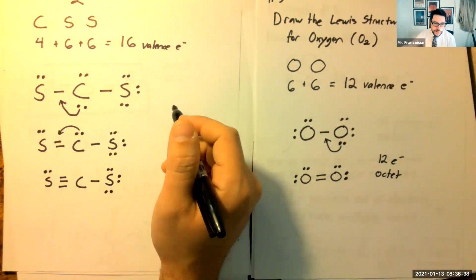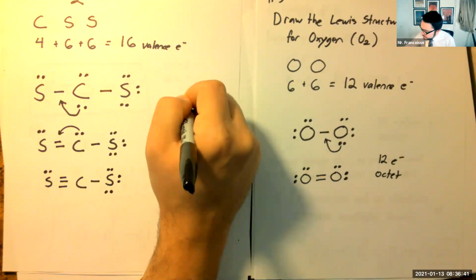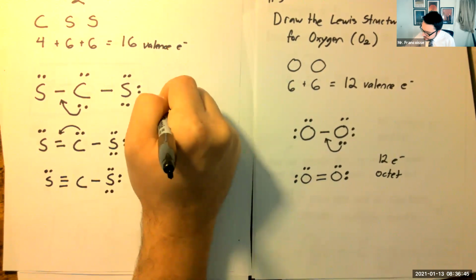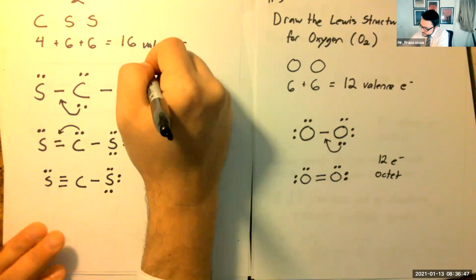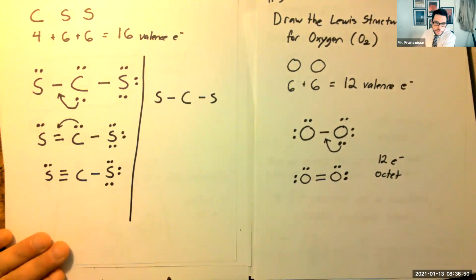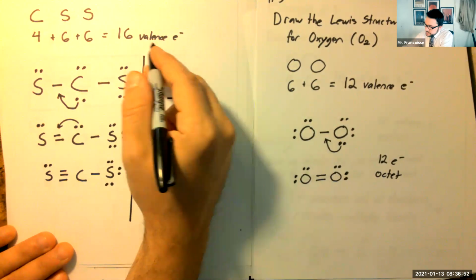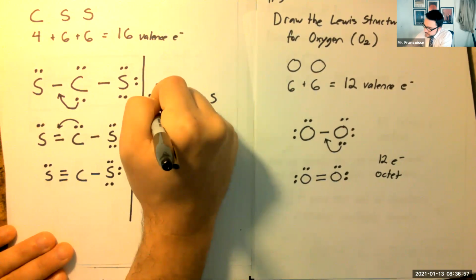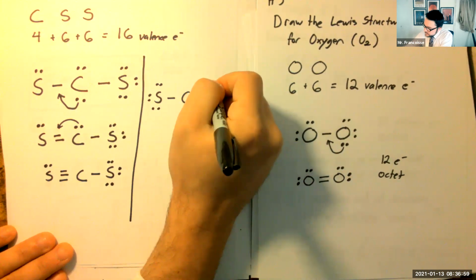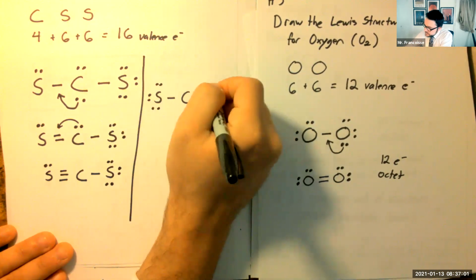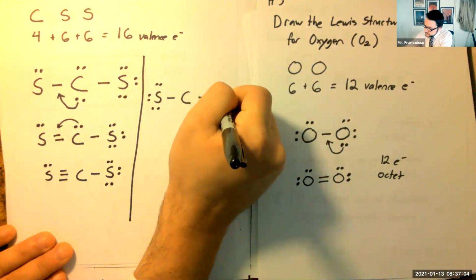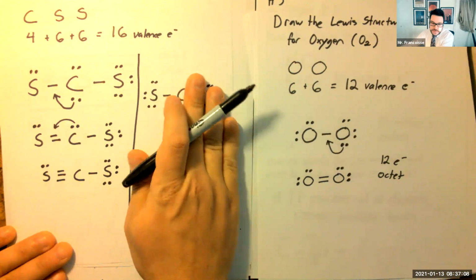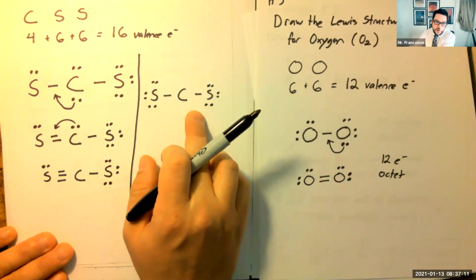We could have done this a different way. So say we started filling in the electrons here. We had 2, 4, 6, 8, 10, 2, 4, 6, 10, 12, 14, 16. So say we filled in these outside ones first and left this carbon in the center.